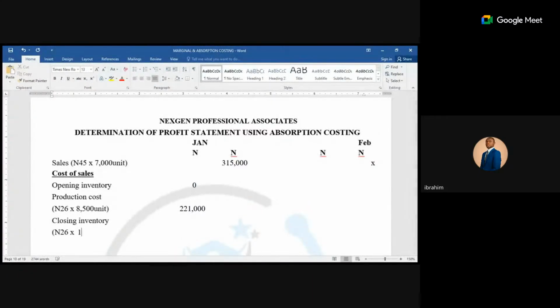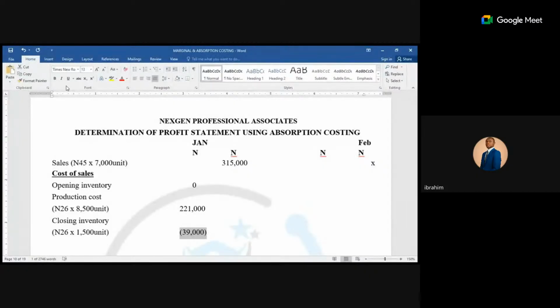So 1,500 units, value the inventory using the full cost under absorption costing. So what do we have? 39,000 naira.